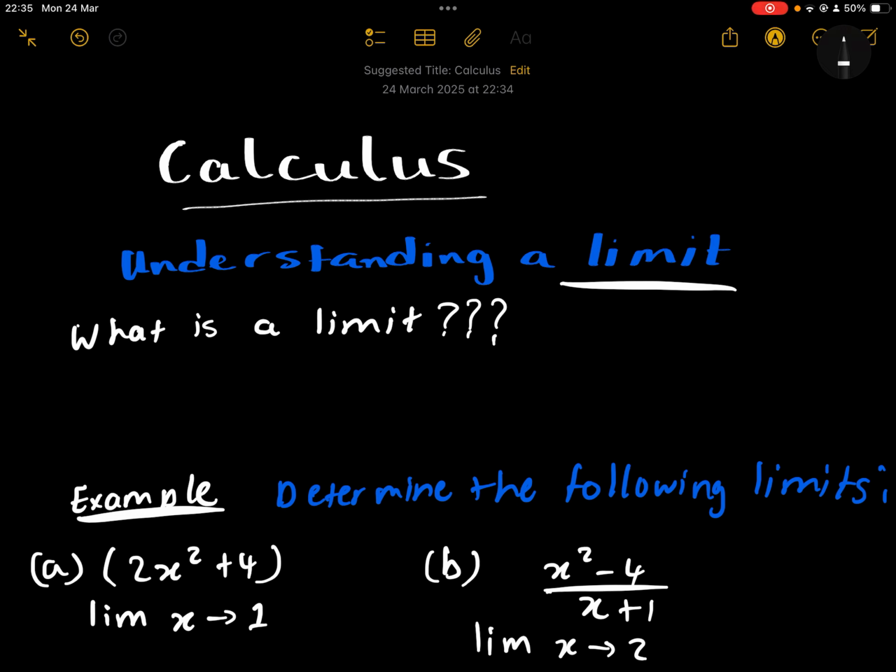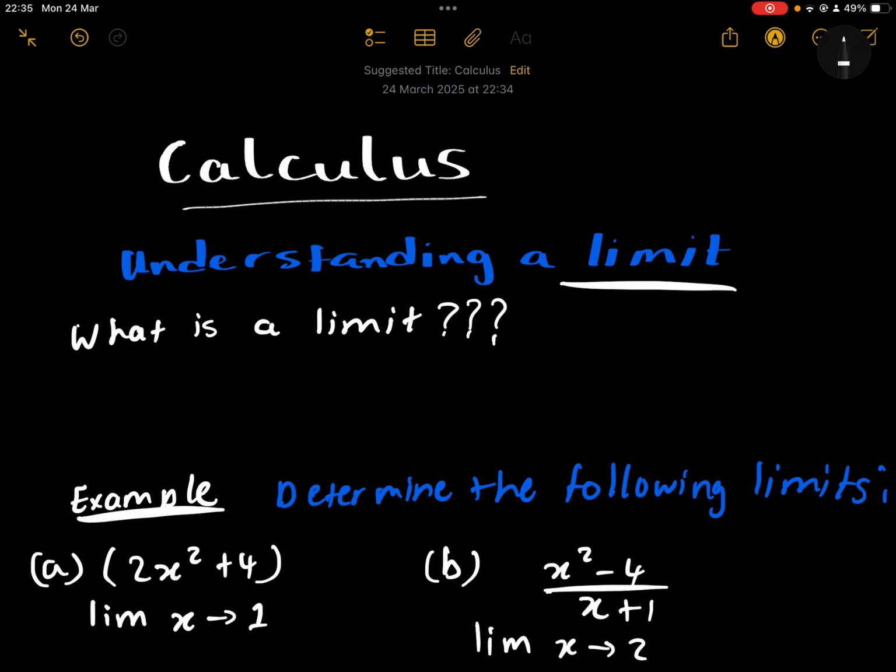In calculus, we're gonna be looking at some graphs. When we're talking about limits, we are talking about where the graph cannot end, cannot pass through. It will be going towards that value.